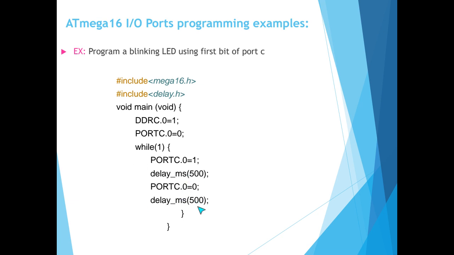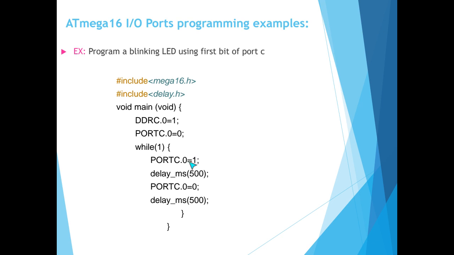Why are we using two delays? The first delay is used for showing the turning on, because it is equal to 1, meaning 5 volts. We want to show the duration that it is turned on and turned off.